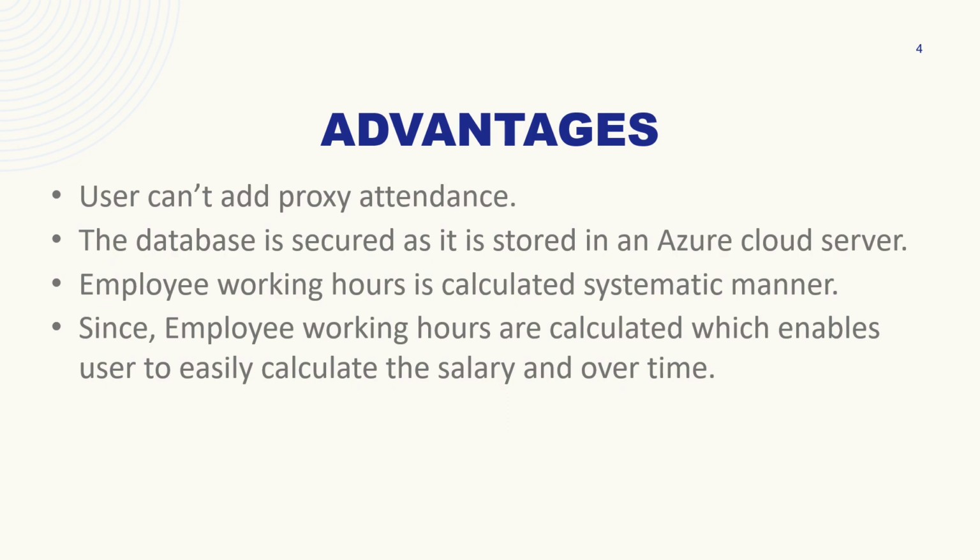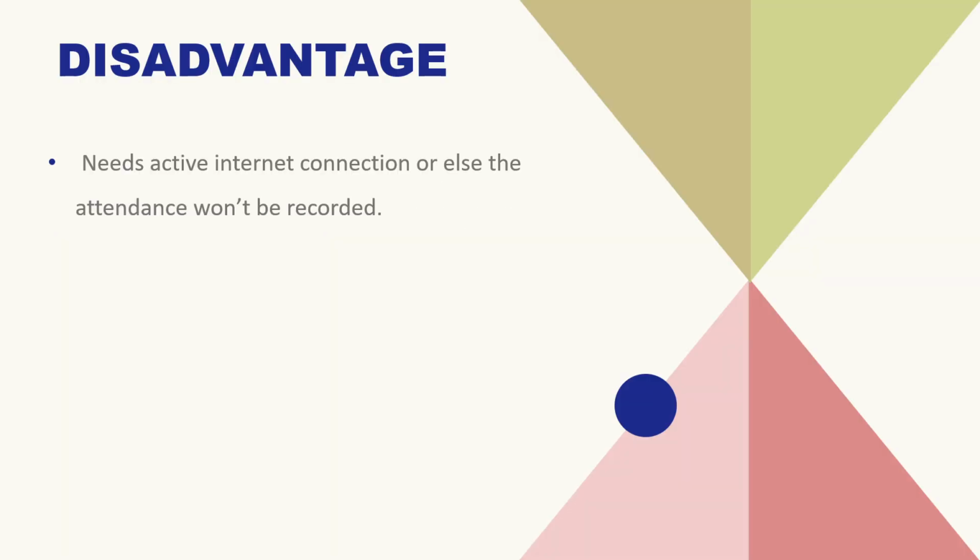When the employee's working hours are recorded, if the working hours are only 8 hours and he's working more than 8 hours, obviously he's doing overtime, and the salary can be given as he has worked. So that's one of the main advantages, and one more is mainly no proxy attendance.